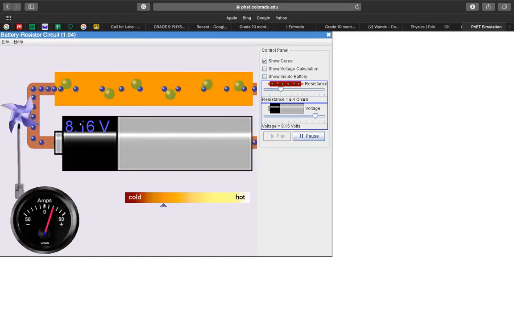These blue things are called electrons, and these are the ones that are carrying the electricity. These are the ones that cause the electricity to flow. So the movement of electrons causes that. Now, the voltage on the battery, if you increase the voltage, that would cause our electrons to move much faster.